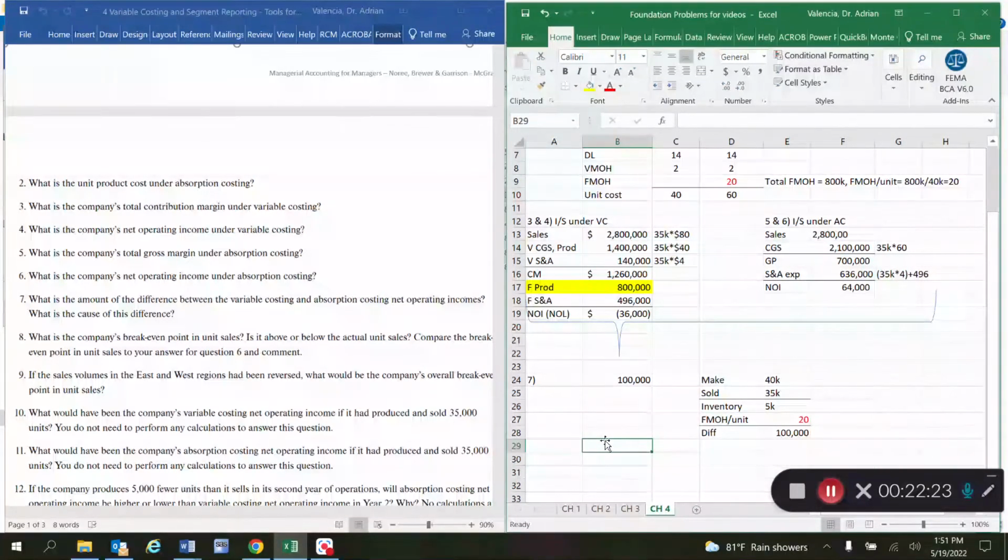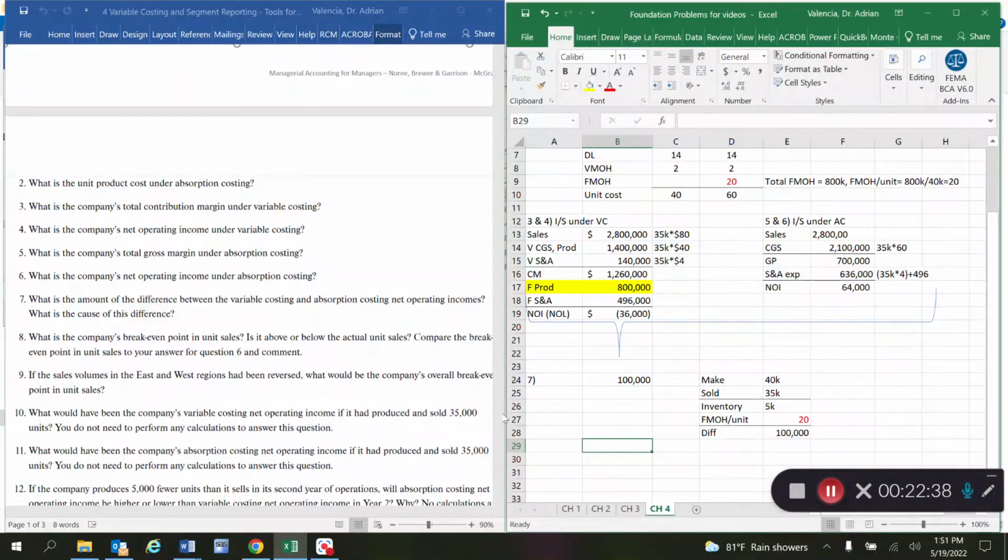So now we move on to number 8. The question on number 8 is, what is the break-even point in unit sales? Is it above or below the actual unit sales? Compare the break-even point in unit sales to your answer for question 6.